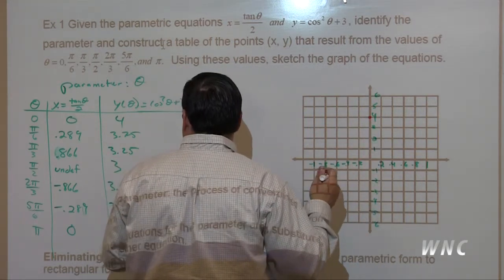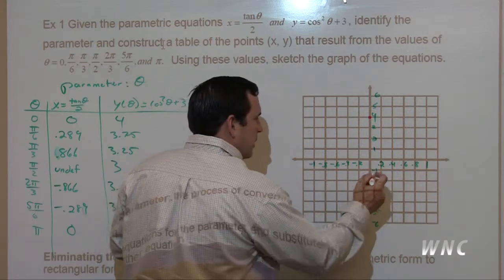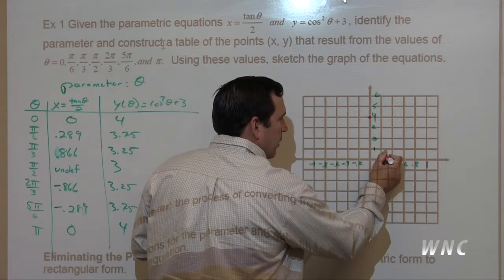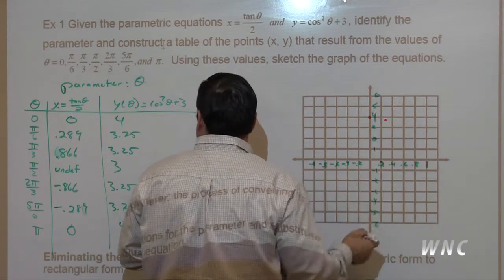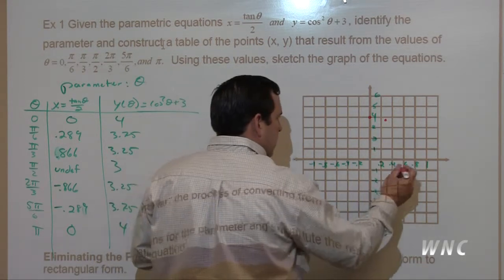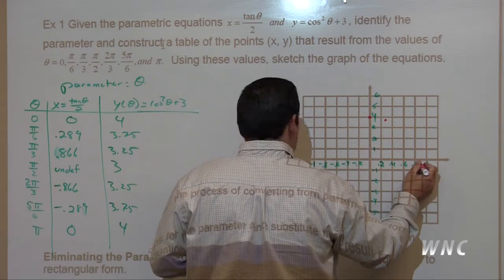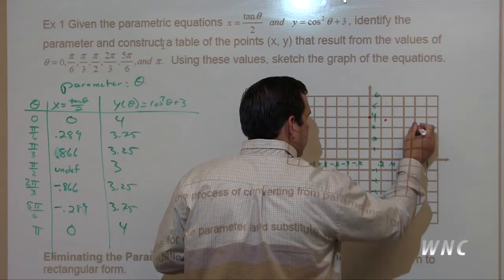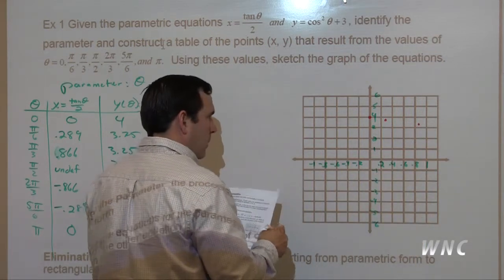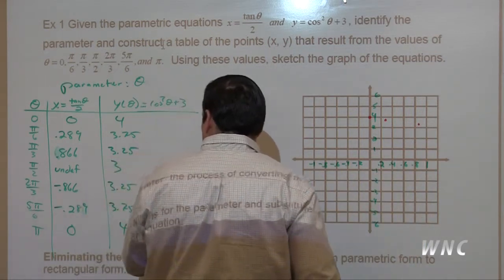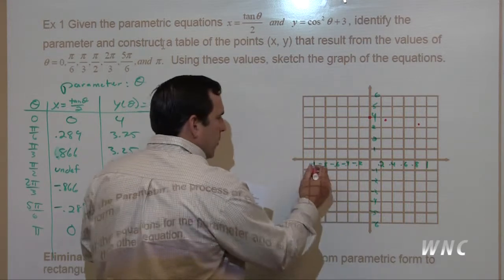Then as theta gets bigger, we're at 0.289, 3.75. So right about here. And then we're at 0.866 and 3.25. And then we're looking at negative 0.866, 3.25.